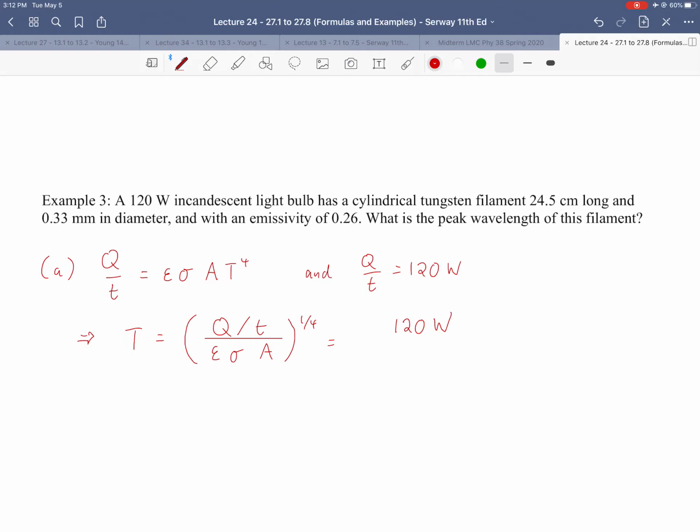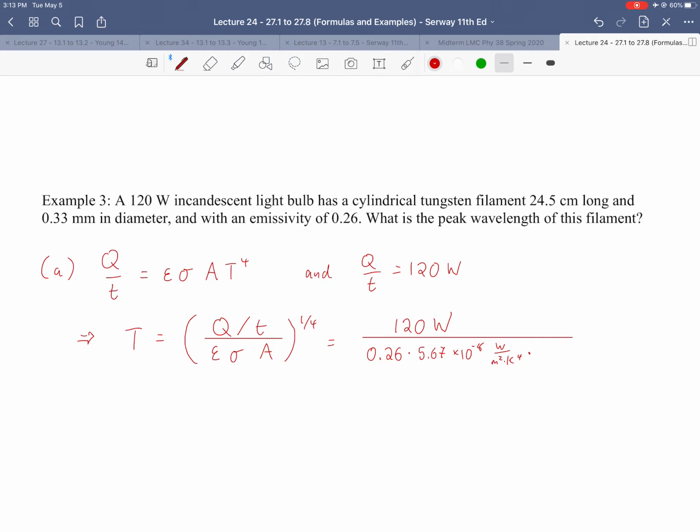All right, so let's put in our numbers. We're told it was 120 watts. We were told that the emissivity is 0.26, which is not great because it's kind of shiny, right? It would be better if it was a larger number. And then our Stefan-Boltzmann constant is 5.67 times 10 to the negative 8 watts per square meter Kelvin to the 4th.